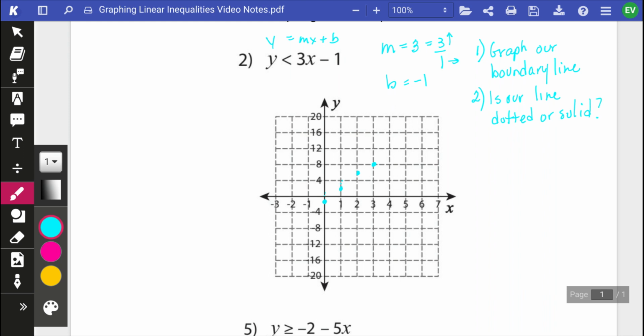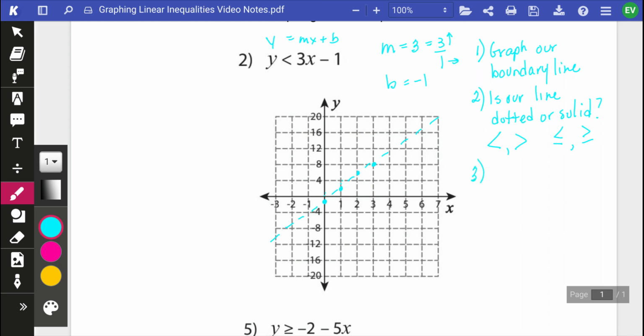Dotted lines are less than or greater than. Solid lines have the equal sign. So in this case, no line underneath, not equal to, so we're going to do a dotted line or dashed line. It doesn't really matter as long as it's not solid all the way across.